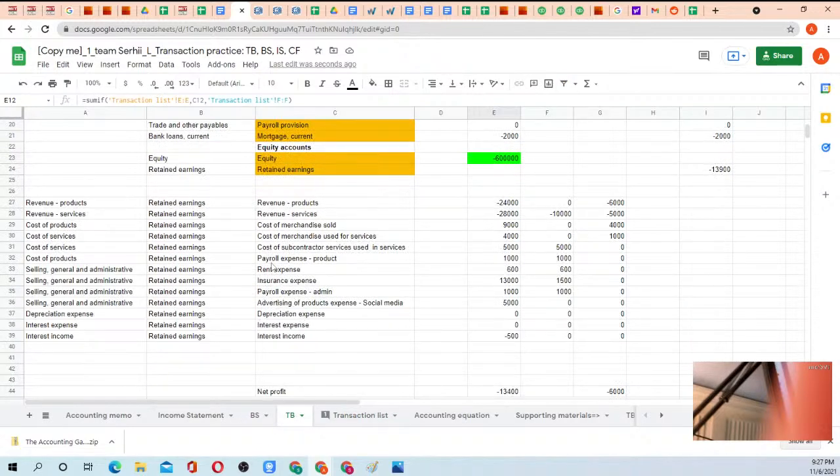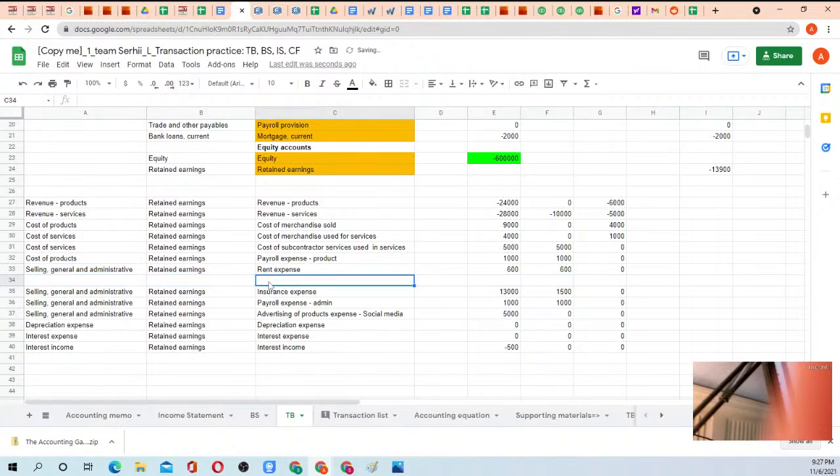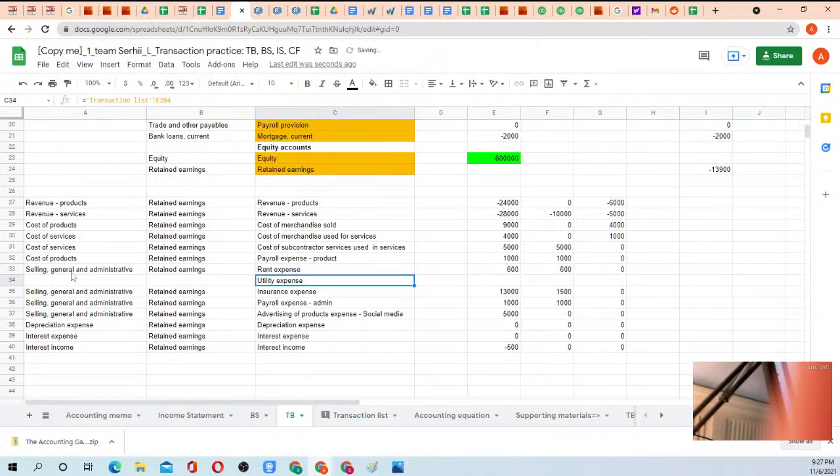So utility expense goes somewhere here. And we put it to G&A, assuming that's a non-production utility, some administrative utility.